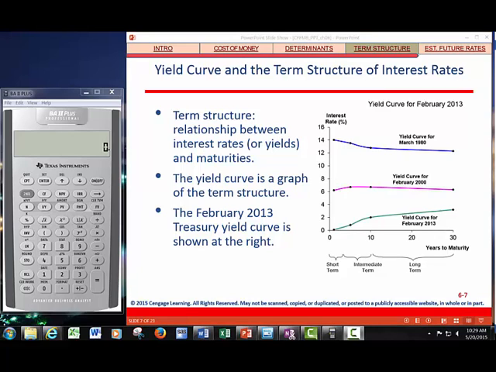Notice on this graph that we have not mixed in corporate bonds with these treasury bonds. If you're making a treasury yield curve, you are just graphing all treasuries. If you're making a corporate bond yield curve, you only graph corporate bonds, but that gets more difficult.